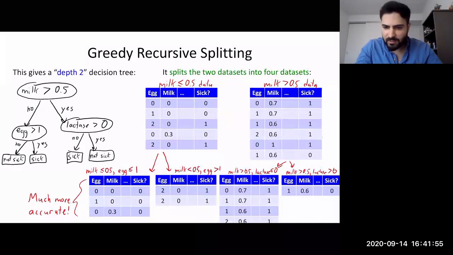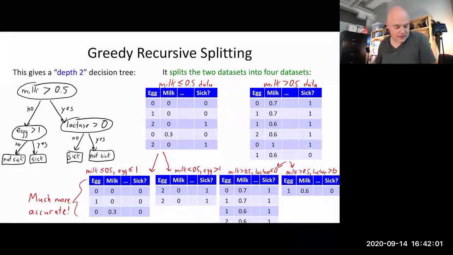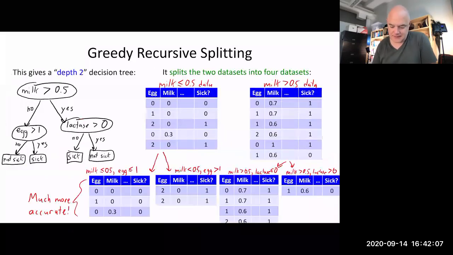How did we choose 0.5 for milk? I understand we're supposed to use values from the data. Is there a milk 0.5 anywhere in the data? That's a good question. Do we have milk 0? Yes, we have milk greater than 0.